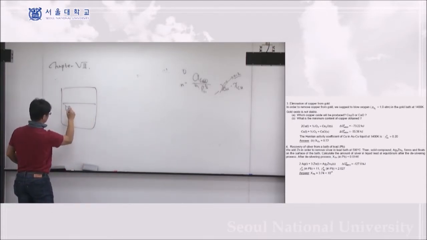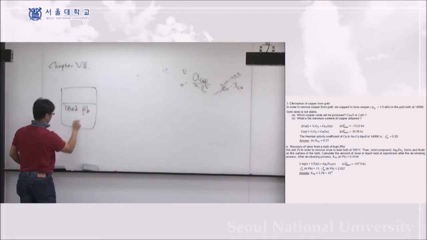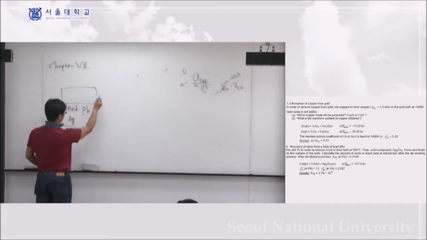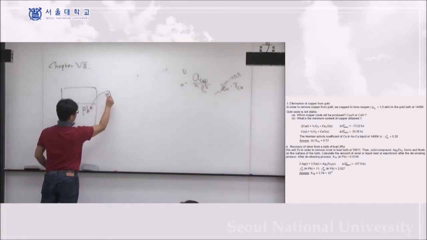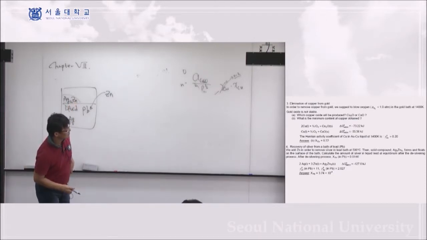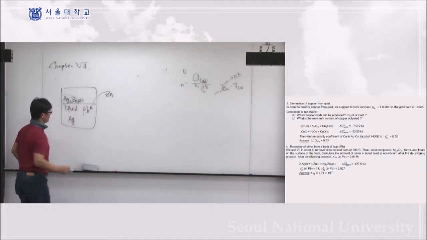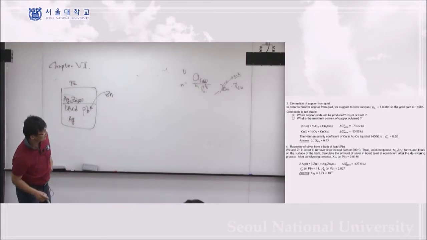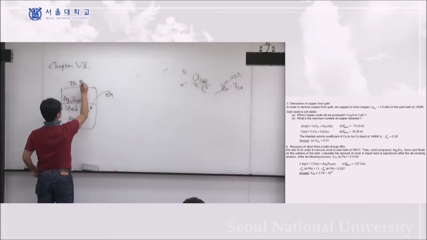So we have liquid Pb, and here we have silver as impurity, and we're injecting Zn. By reacting these two, a solid is forming, at a temperature of 500 degrees Celsius.